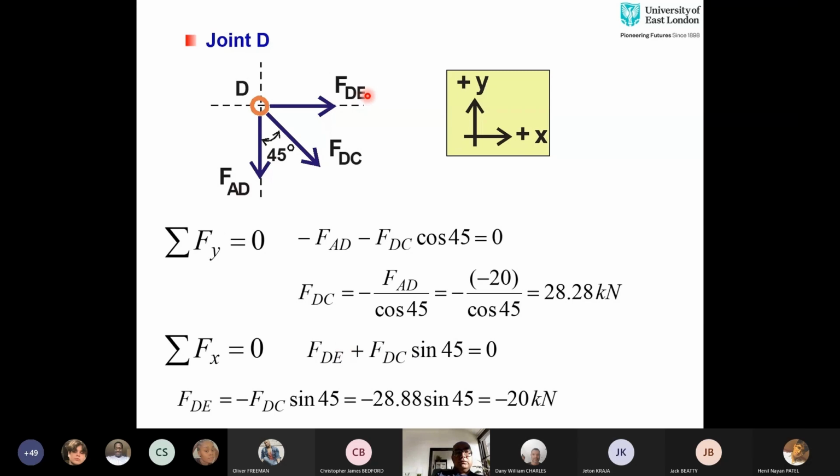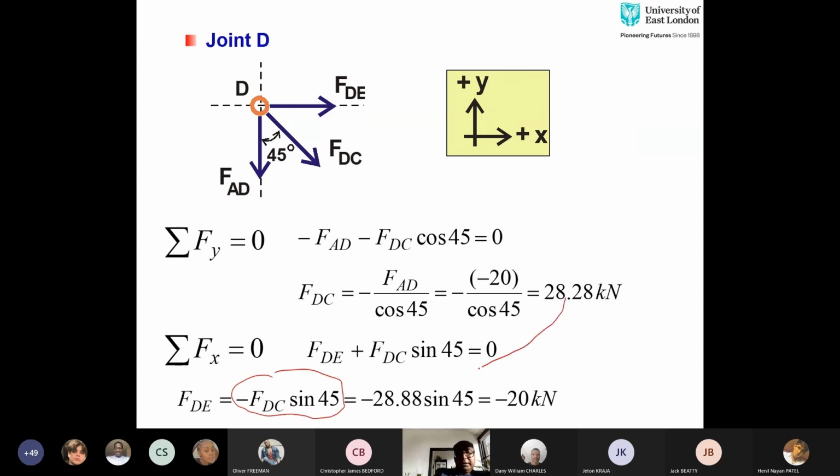This means that for horizontal forces, I have this horizontal force FDE, which is pointing in the same direction as my global axis, which is positive, pointing rightwards. And then you have the horizontal component of this FDC. The horizontal component is going to be FDC sine 45. If you bring FDC sine 45 to the other side of the equation, it turns negative.